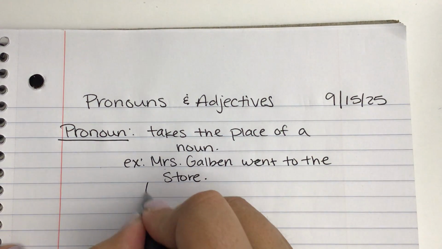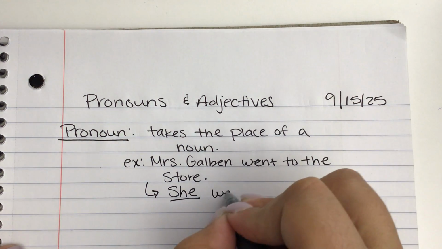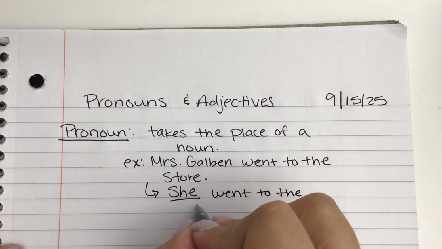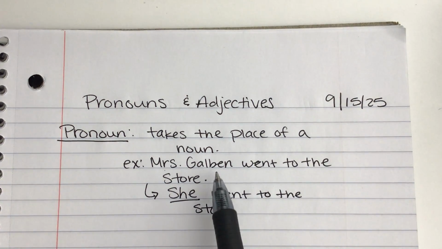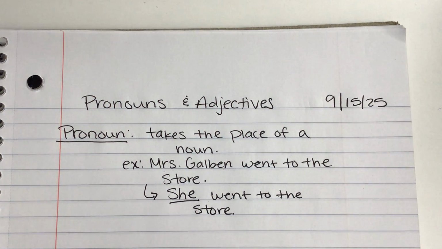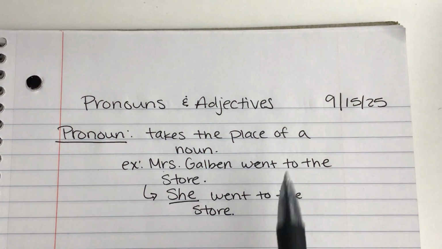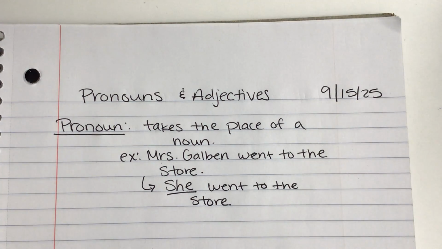So then that turns to she went to the store. Okay, so it replaces the noun. If I had said Mrs. Galbin went to Target, I could change the whole sentence to she went to the store. Okay, so the pronoun just takes the place of the noun that's in there.